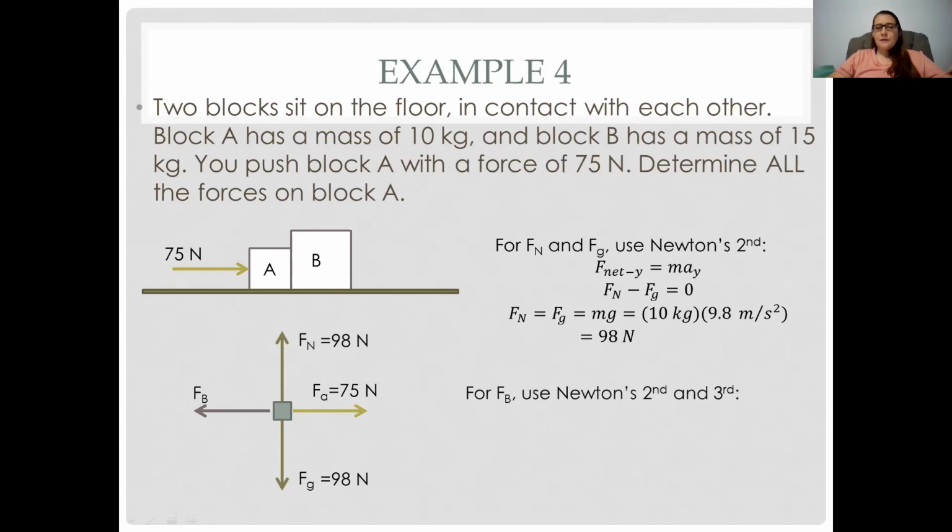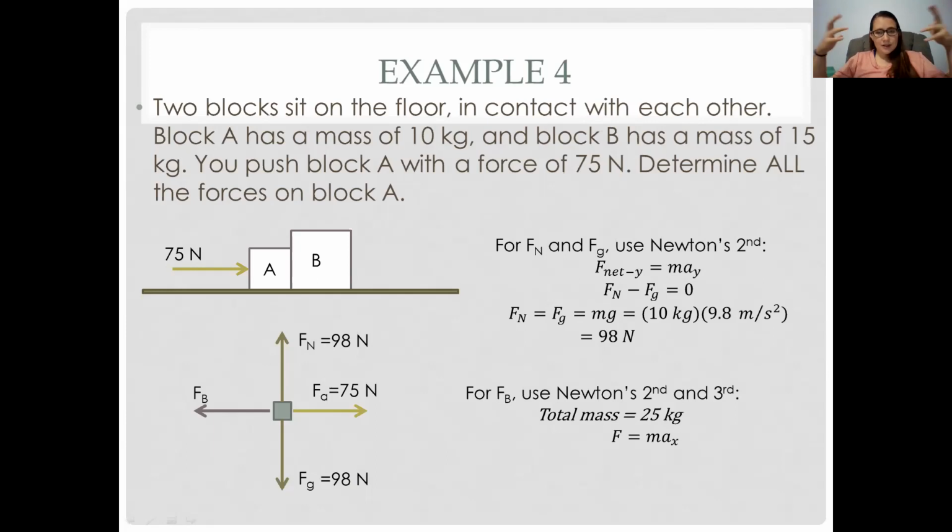To find the force of block B on block A, we're going to again consider that this is Newton's third law and still apply Newton's second law. So in this case, that force that we're applying to move the blocks moves both of the blocks, right?